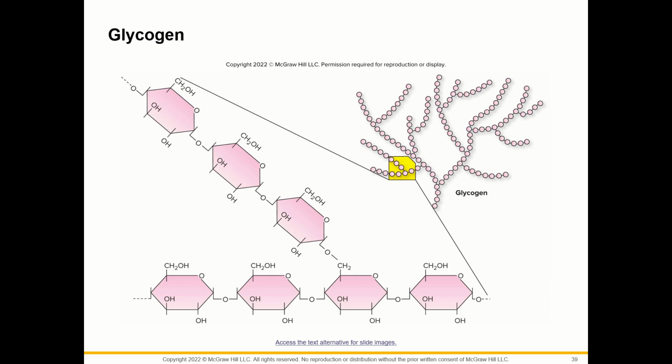You get a good appreciation for that branch structure of glycogen in this image, figure 2.15. So it says glycogen is a polysaccharide composed of glucose subunits joined together to form a large, highly branched molecule.